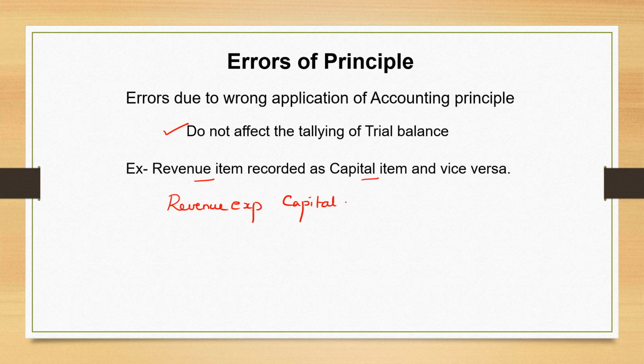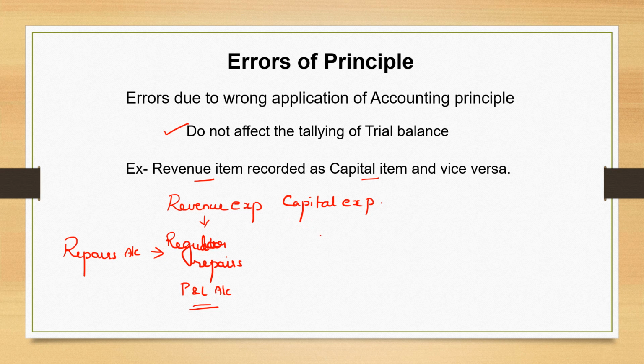For example, if you are incurring any regular repair and maintenance expense of any particular asset like machinery, then that would be a revenue expense. It would be debited to your profit and loss account, and it has to be put into repairs account.